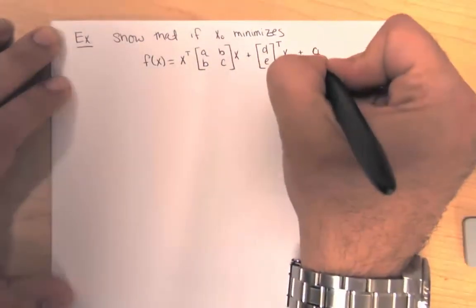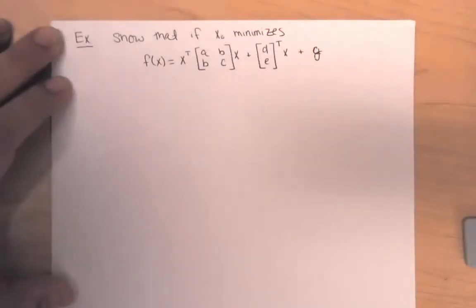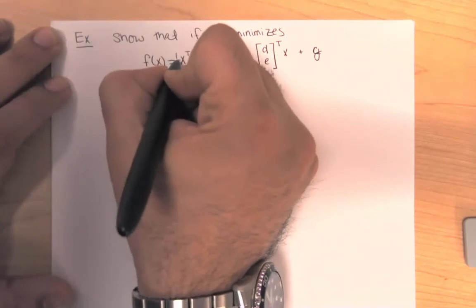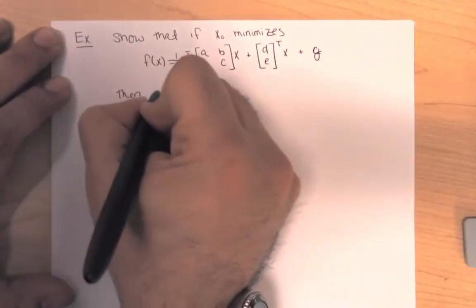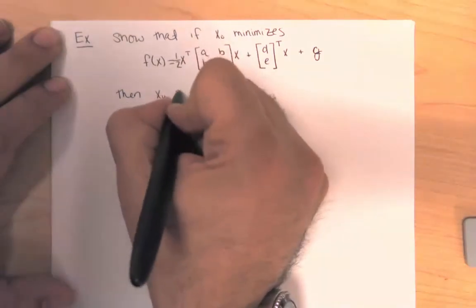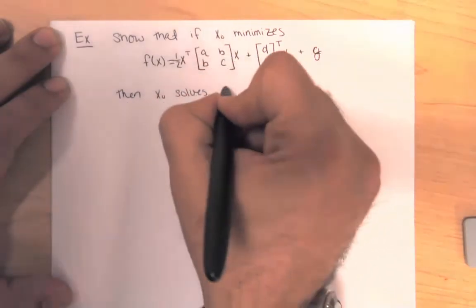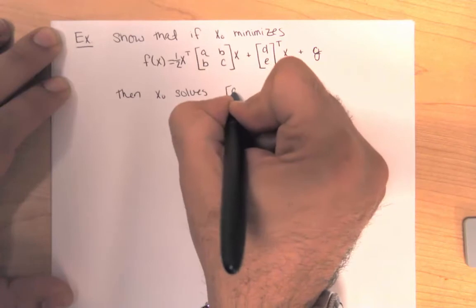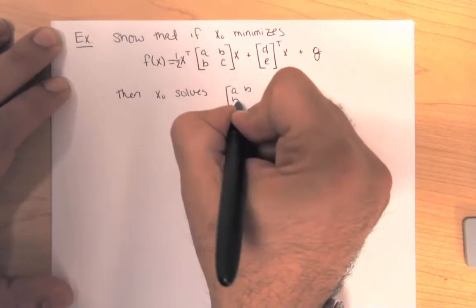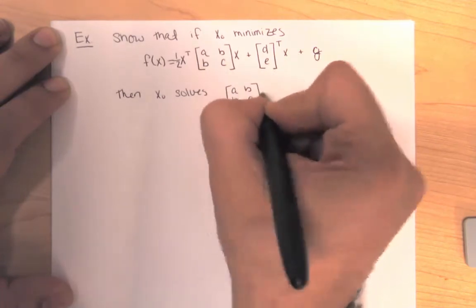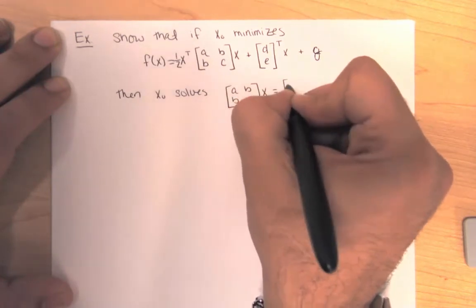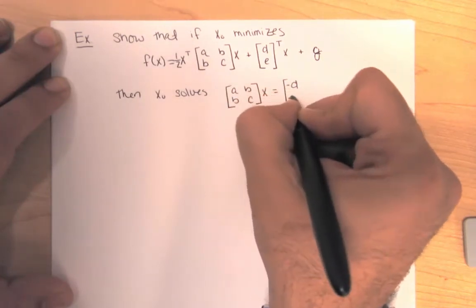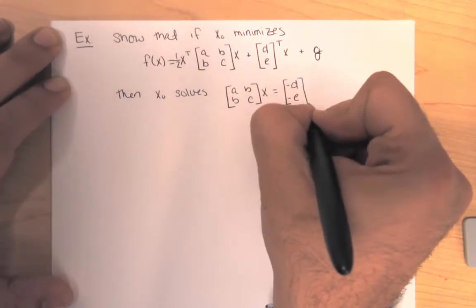Let's make that g, since I already have a c here. Let's add a 1/2. Then x naught solves A, B, B, C times x equals negative D, negative E.